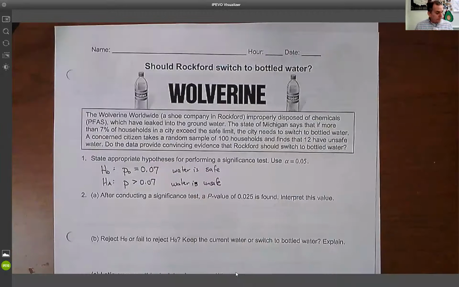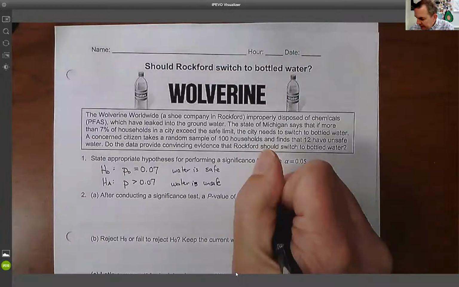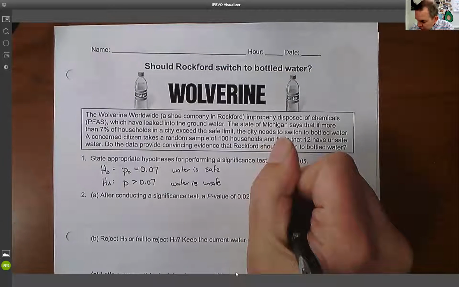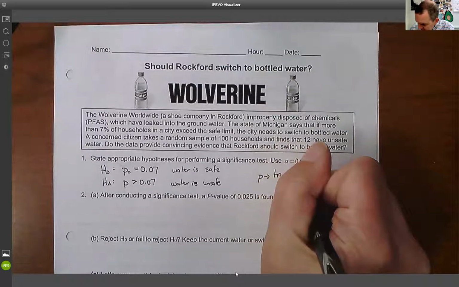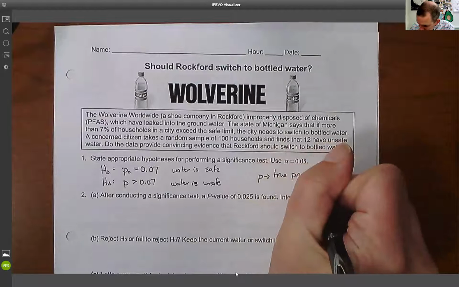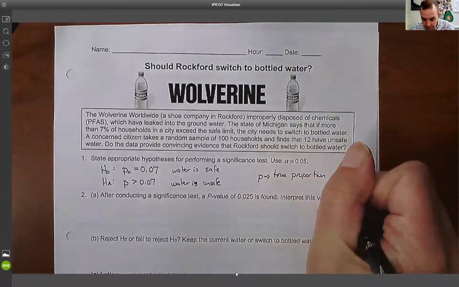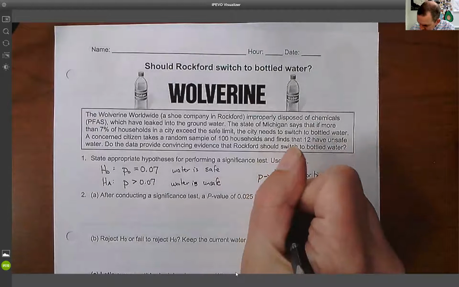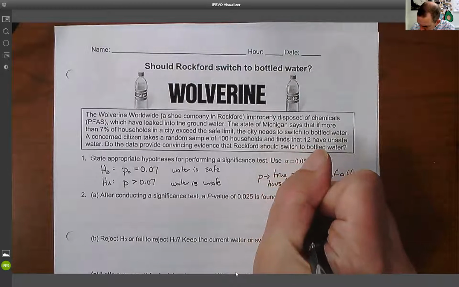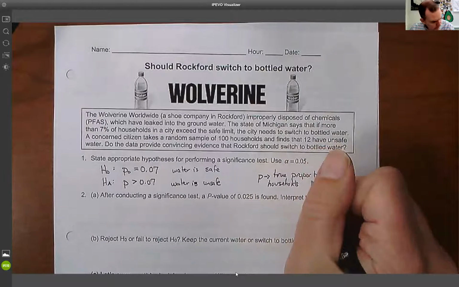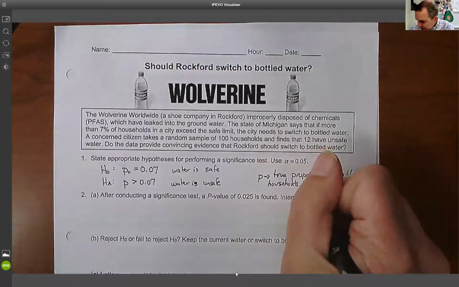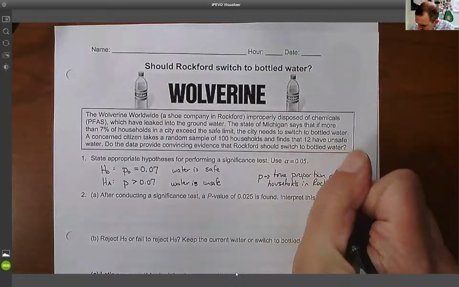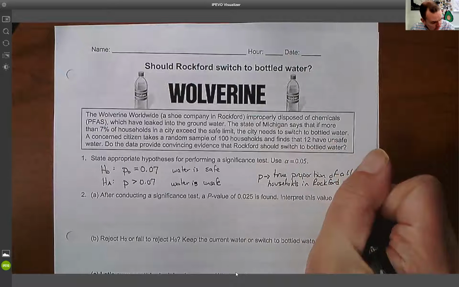Okay, and we're talking about p is the true proportion of all households in Rockford with unsafe water.